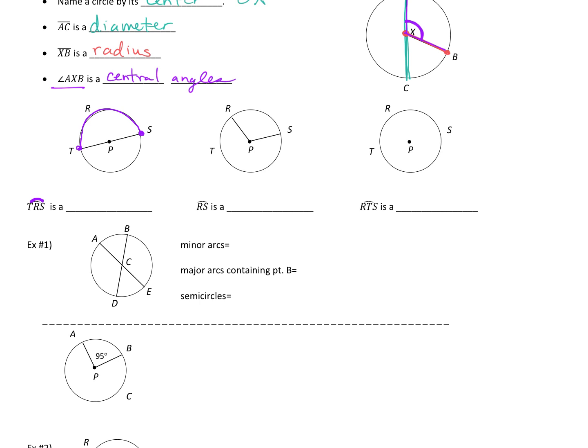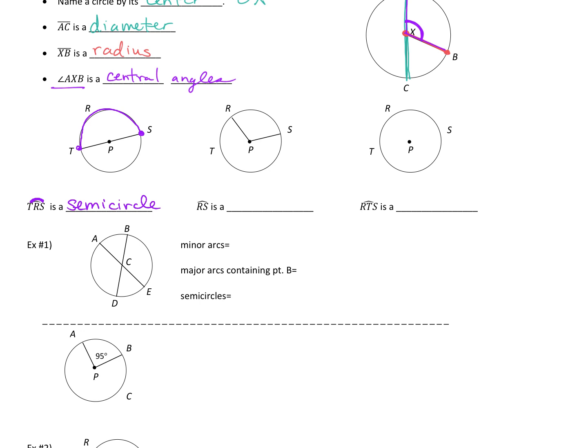Anyone know what that arc is called? Rotation. When it's half of a circle? No. That's a semicircle. Okay. So arc TRS, when it's using a diameter, is a semicircle. Okay.